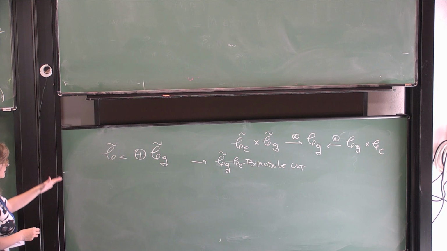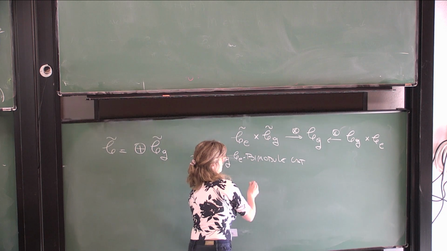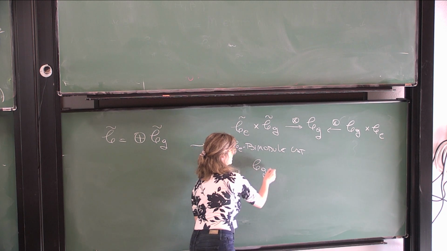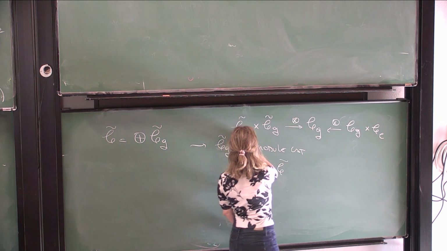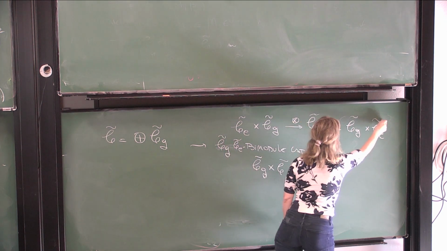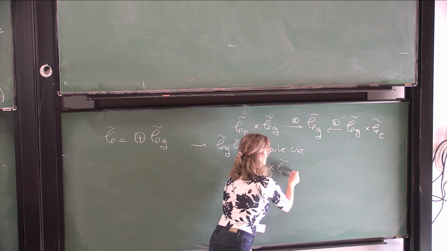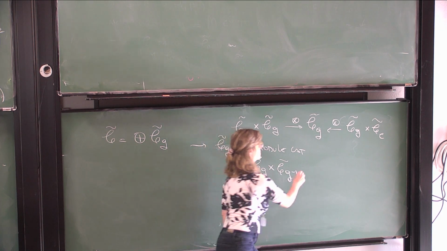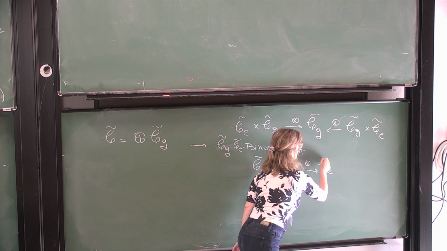But because this is a grading by a group, when you do this, C_g, I'm losing the tilde, sorry, you have an inverse. And when you do this, or the other side also, you lie in the trivial component.